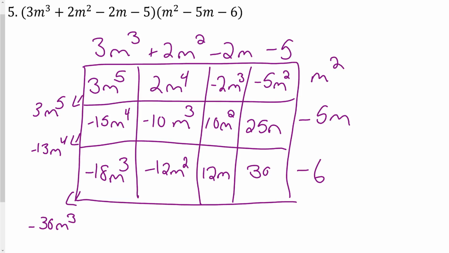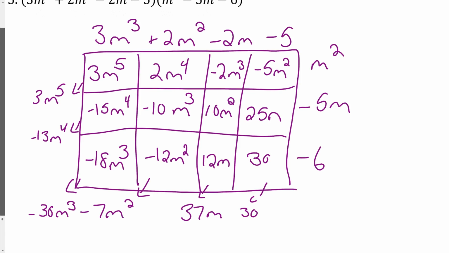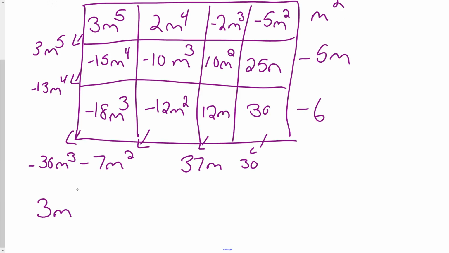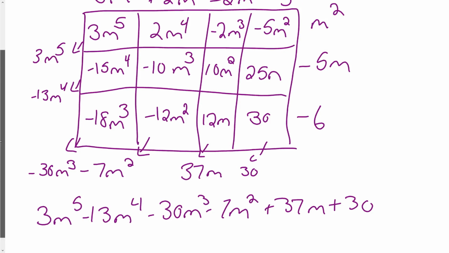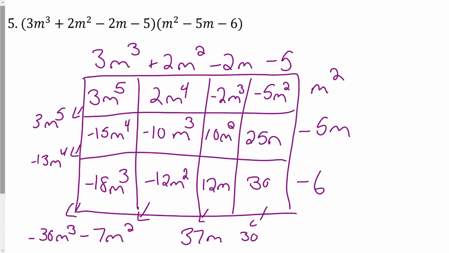So I have minus 17m squared plus 10m squared is minus 7m squared from that diagonal. I have 37m plus 30. So our final answer is 3m to the 5th minus 13m to the 4th minus 30m cubed minus 7m squared plus 37m plus 30. If you can do this one, you can basically do any of the questions.